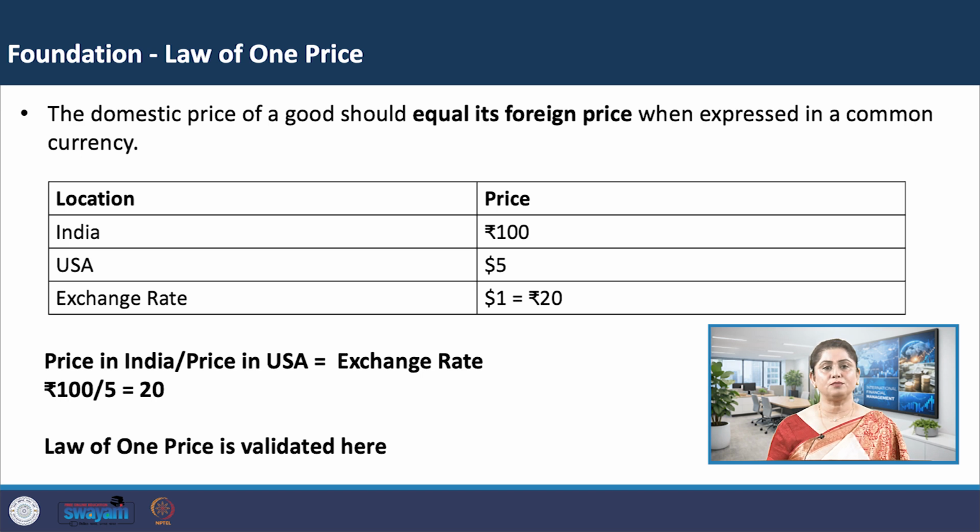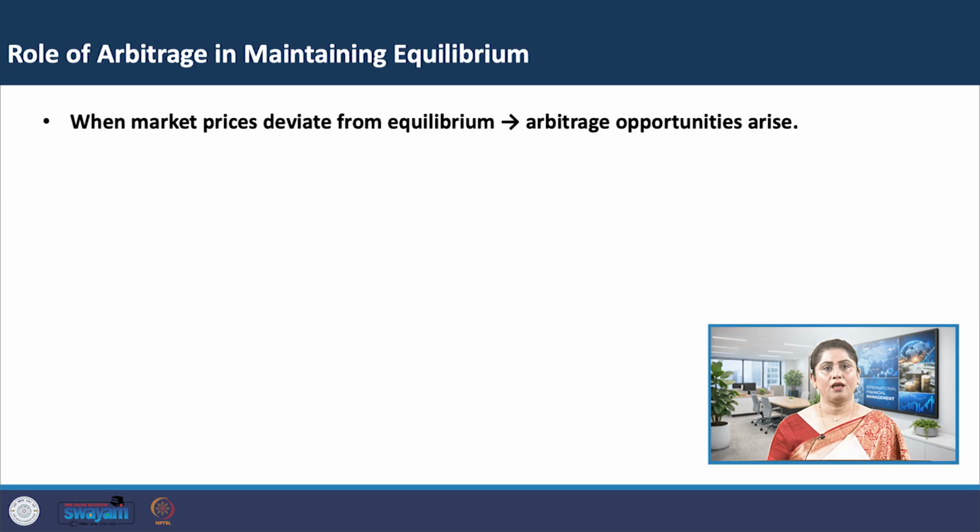Now, what is going to be the exchange rate? The exchange rate is going to be $5 equal to 100 rupees, which will give us $1 equal to rupees 20. When market prices deviate from equilibrium, arbitrage opportunities arise.